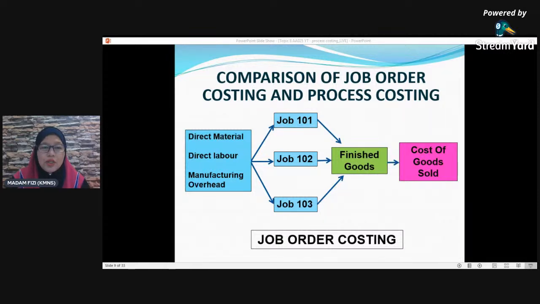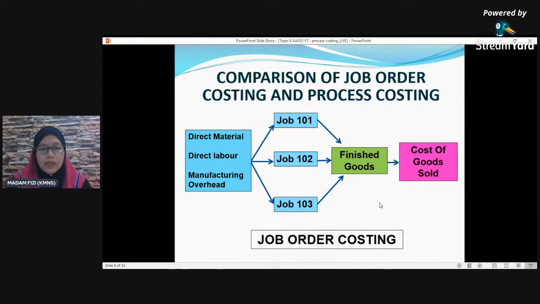Maksudnya job 101, job 102, job 103 is a different job. Okay, bila dah finish, dia akan jadi finished goods. And bila kita jual, dia akan ke cost of goods sold. So kita debit cost of goods sold.